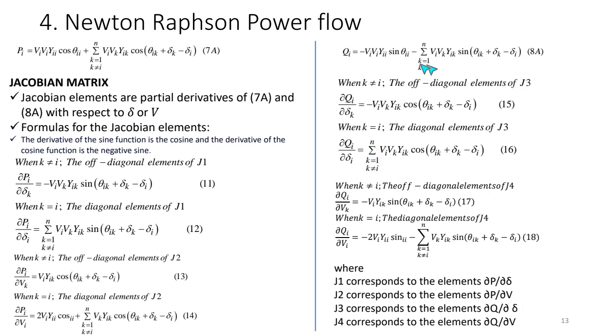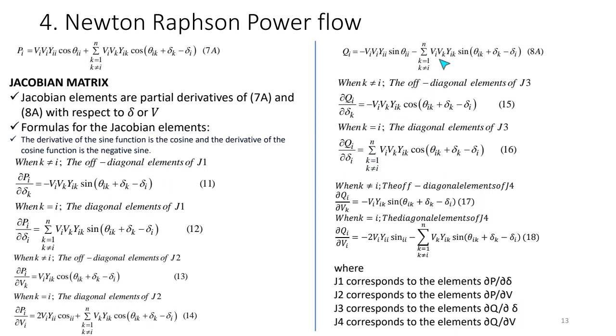Inside the summation, the first term will not come in, this is 0, and this sine of minus delta i becomes cos of delta i, and this minus becomes minus 1. That minus and this minus give a positive. Minus minus is plus. That's why this equation starts from plus.